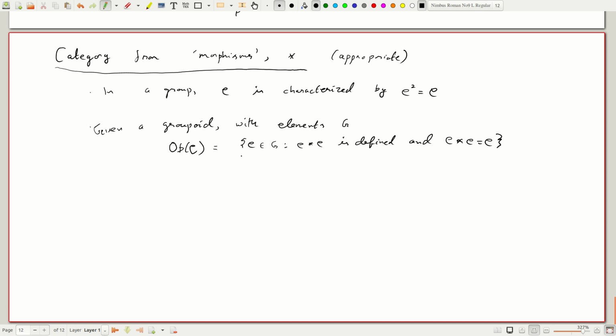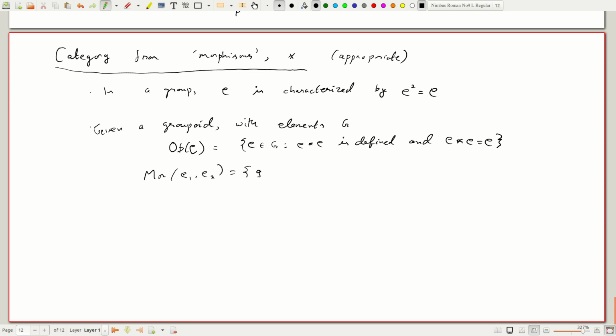Okay, so we look at the idempotent elements. In our case of fundamental groupoid, these will be the constant paths. In the case of the linear transformation examples, they will be identities on subspaces, or in homeomorphisms, there will be identities on open subsets. So you can see that you can recover the objects purely from the algebraic structure. Okay, and similarly, if you are given two idempotents, suppose I want to look at E1 and E2. So these are objects, they are idempotents.